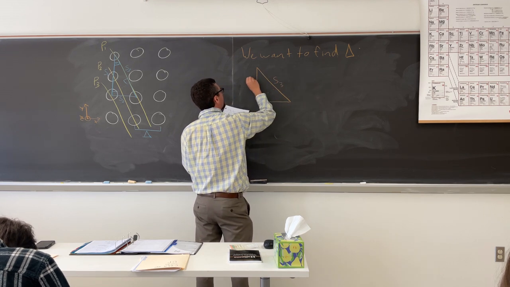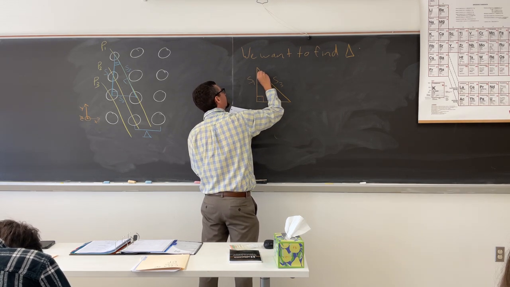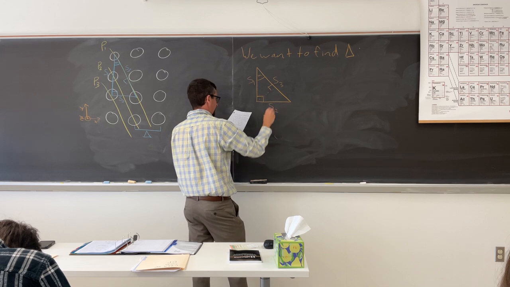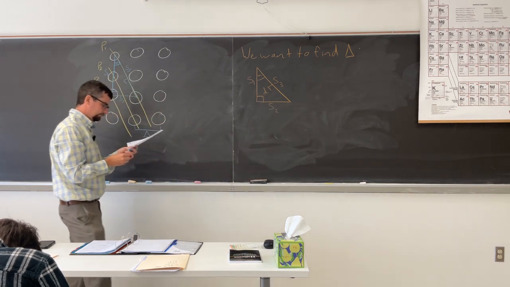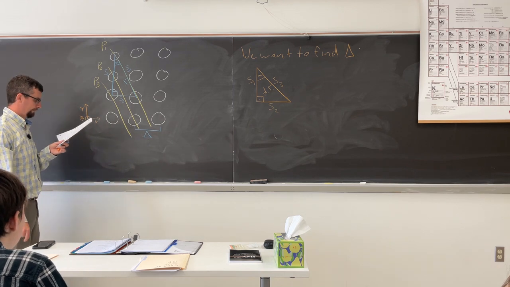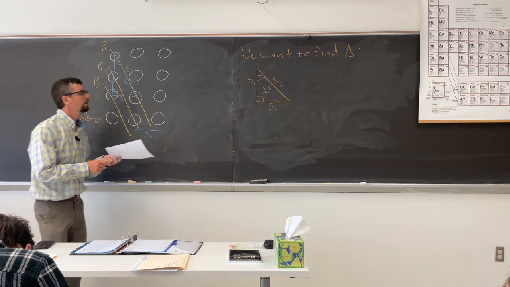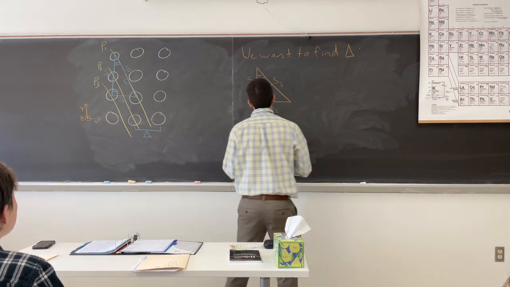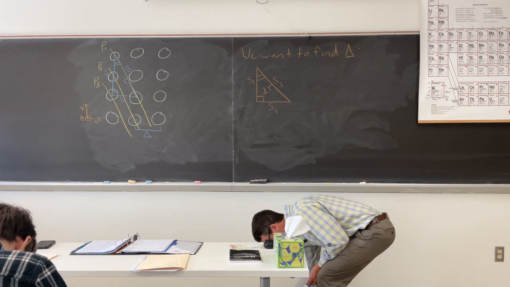S1, S2, there's an angle alpha. And then this dashed line, that's D.